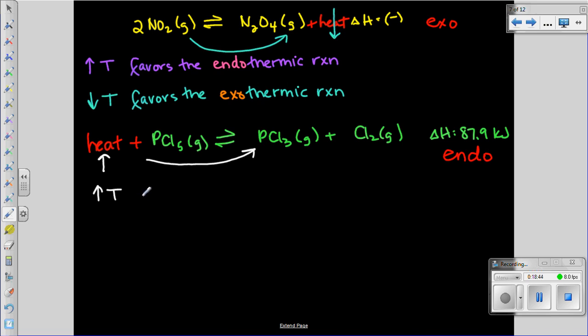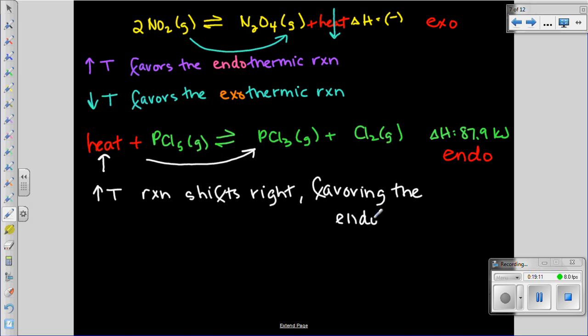So increase temperature, reaction shifts right, favoring the endothermic reaction. If I look at how the reaction is written, going in the forward direction, it's endothermic.